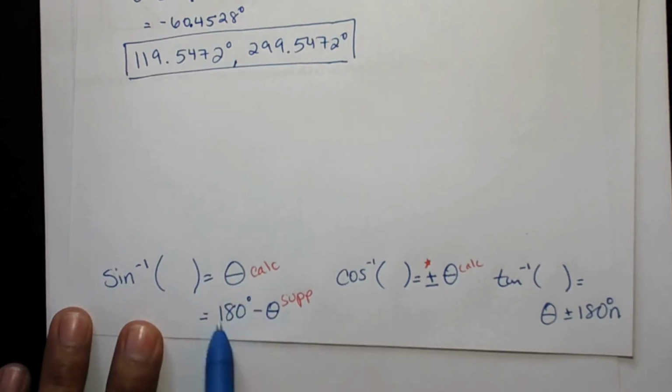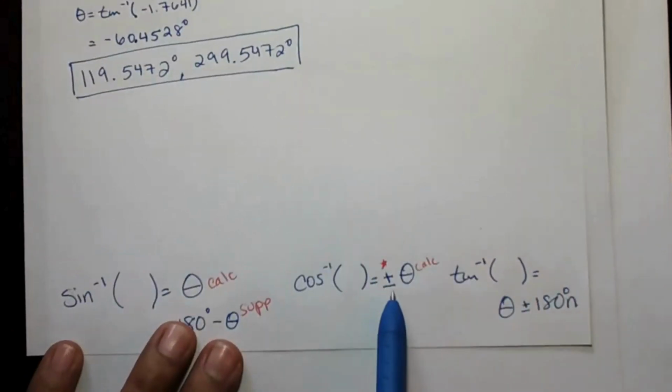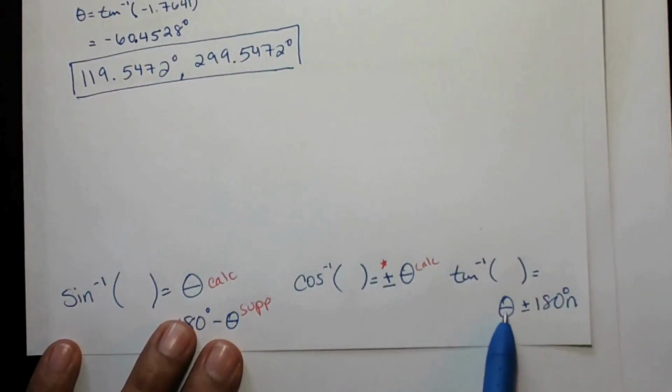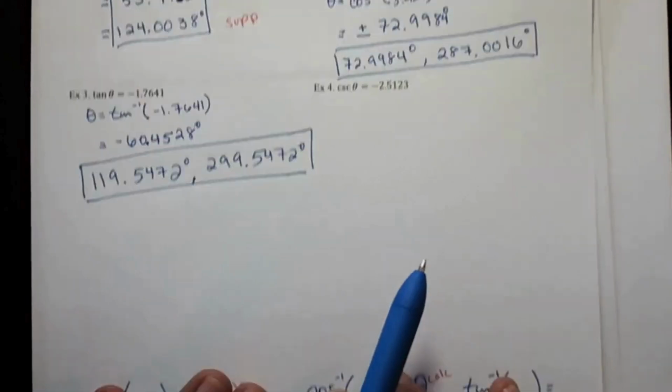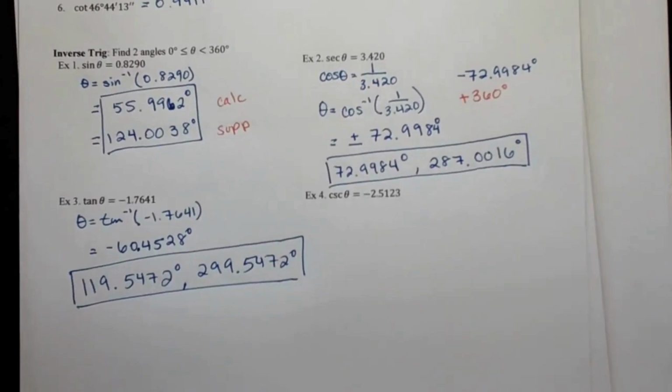The supplement is always 180 minus theta. Cosine of theta, we do plus or minus whatever the calculator gave you. And then tan inverse, we get what the calculator gave us, and we add however many 180s I need in order to get two answers that are within the range of values that we want.